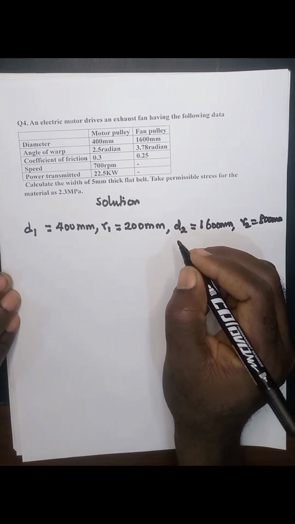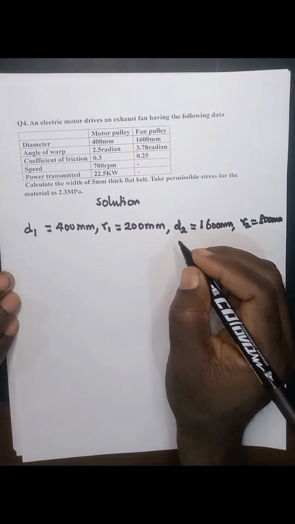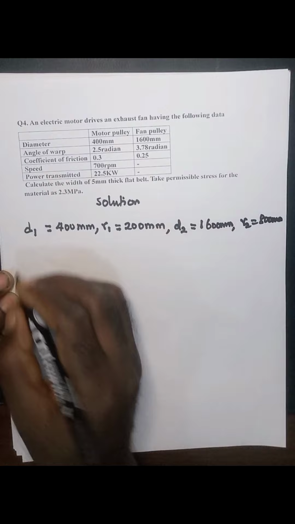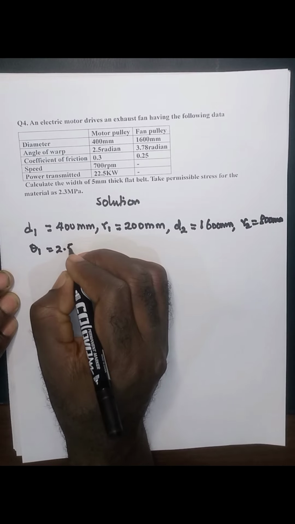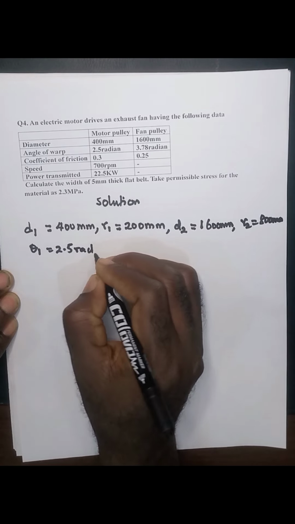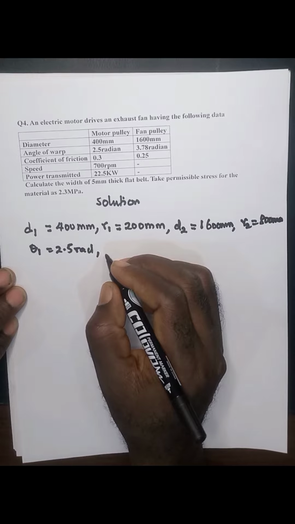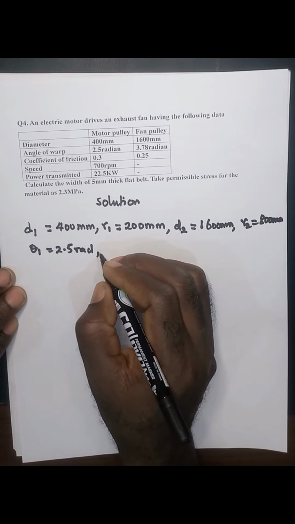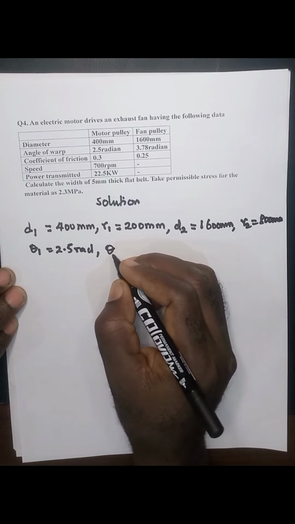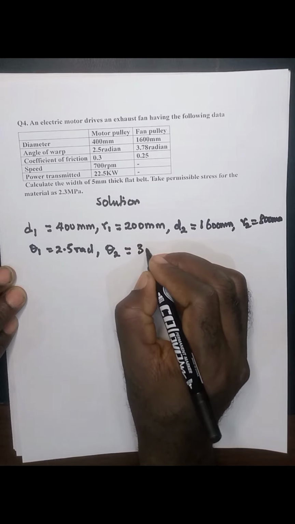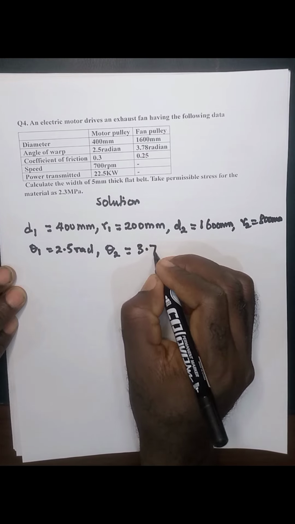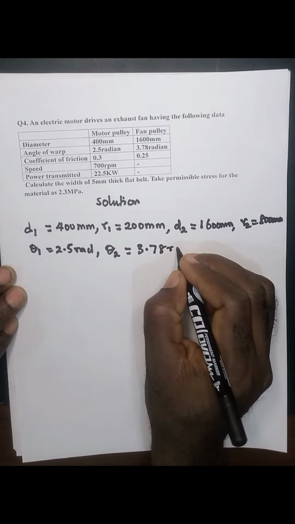Also, we are given the angle of wrap for the motor pulley θ1 to be 2.5 radian, and we are given the angle of wrap for the fan pulley θ2 to be 3.78 radian.